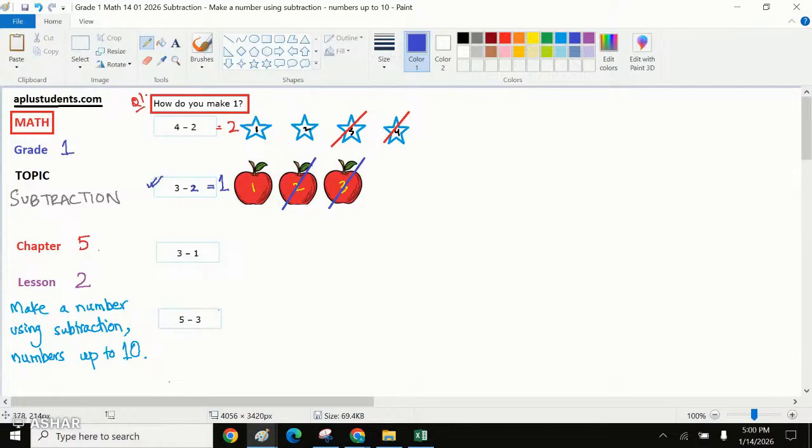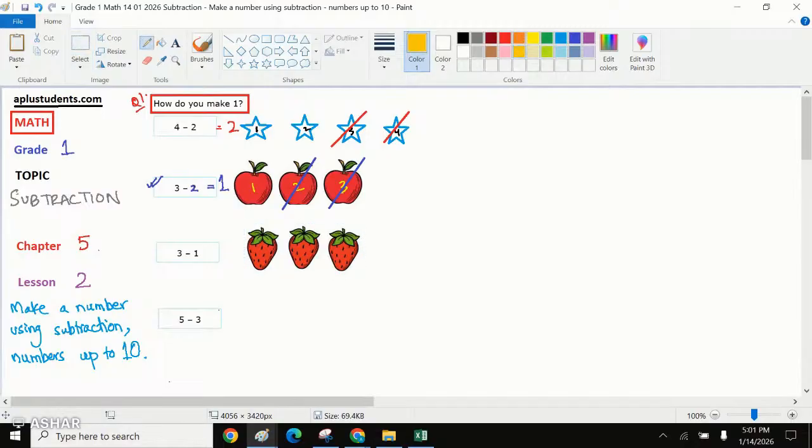The next one, let's see, 3 minus 1. Let's pick up another shape and see what we can do with it. Let's suppose we have 3 of a different fruit. Let's copy it on the screen. We have 3 of these fruits.